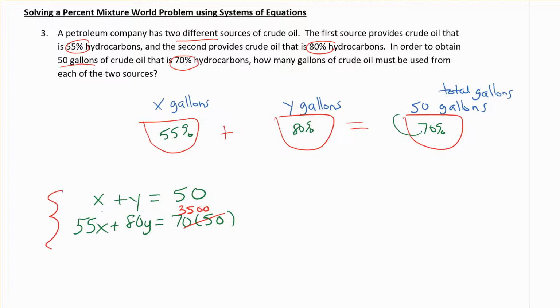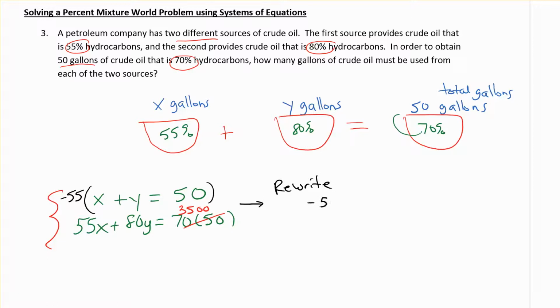Now try to find a letter that you can cancel. Let's say we want to get the x's to add together and cancel. I have a 55 on the bottom, so in order to add and cancel, I would need a negative 55 on top. So I'm going to multiply that top equation all the way across by negative 55. Let's rewrite what we get.